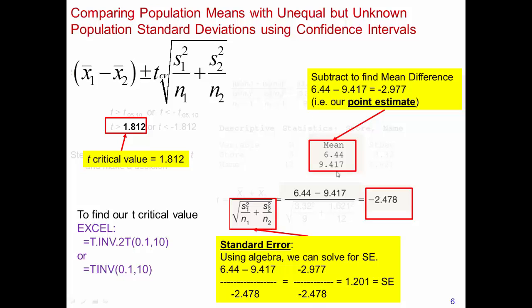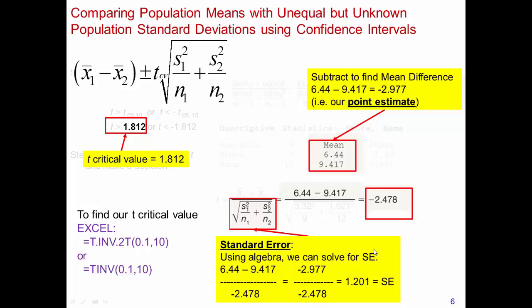Now this is a pretty busy slide, but we'll clean it up in the next slide. But if you look in the faded background here, this is the same information that we had from our previous example of doing the independent samples t-test. And what we're doing is taking our confidence interval formula for the independent samples t-test right here and populating it with the data that are already on this slide.